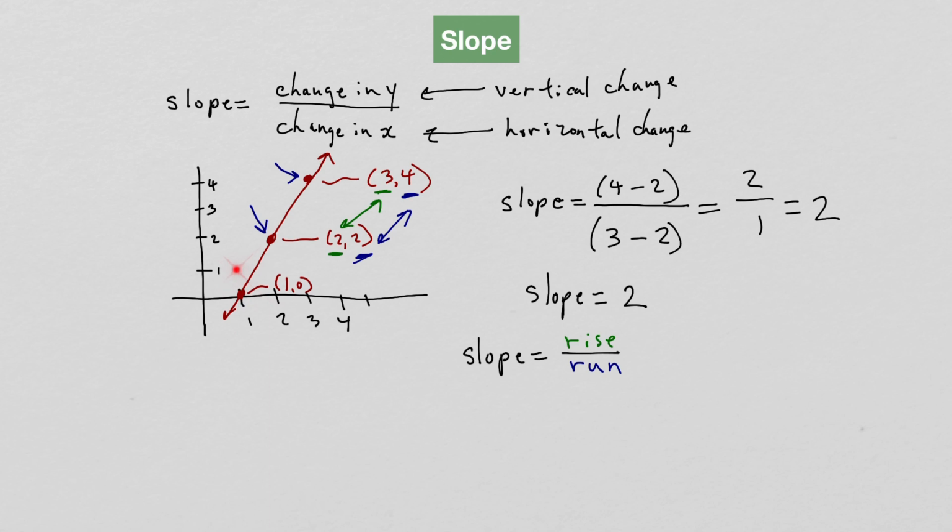We would rise 2, and then run to the right one place.